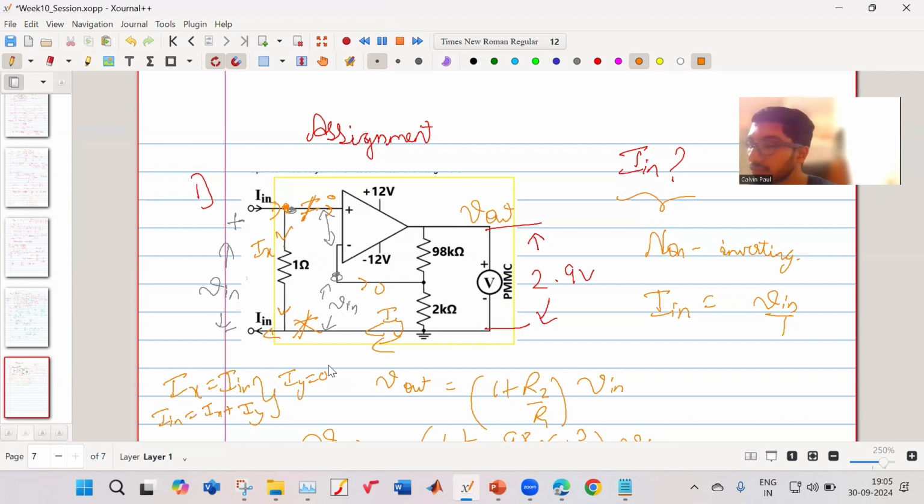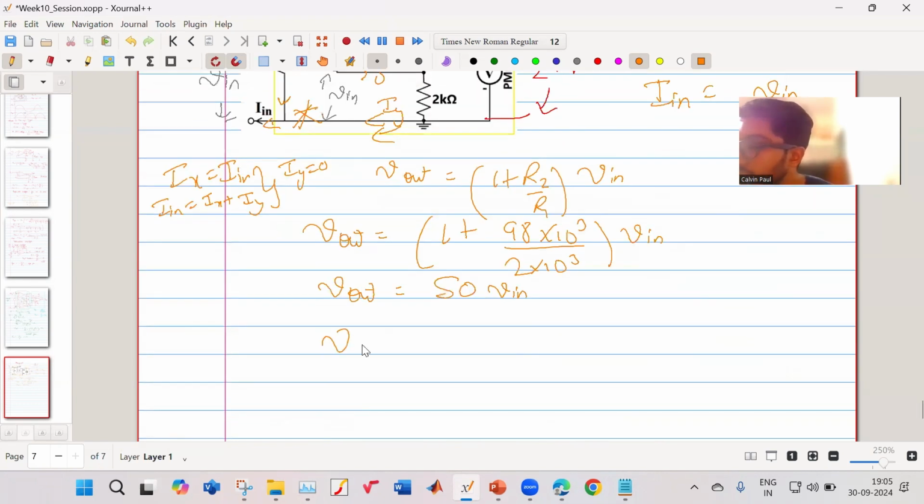Okay, so now your V out is equal to 50 into 1 ohm into your I in. So your I in is equal to V out by 50. V out, they told us, is 2.9 volt. So how much is your I in?